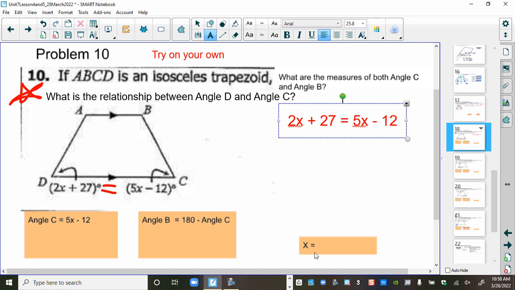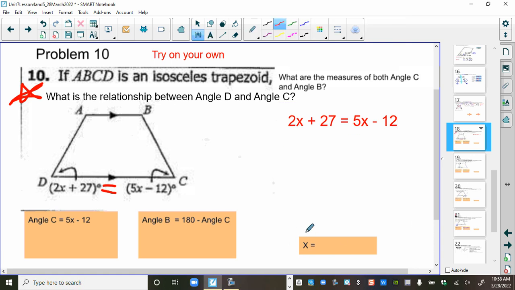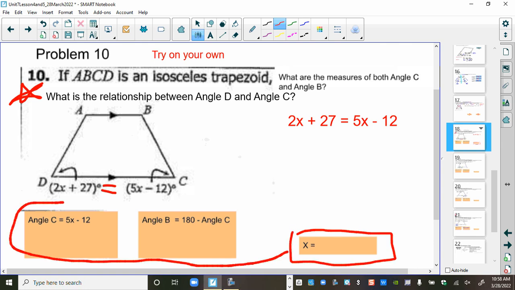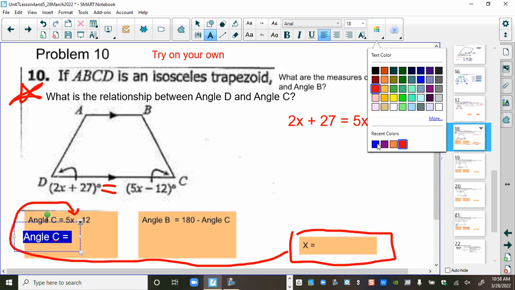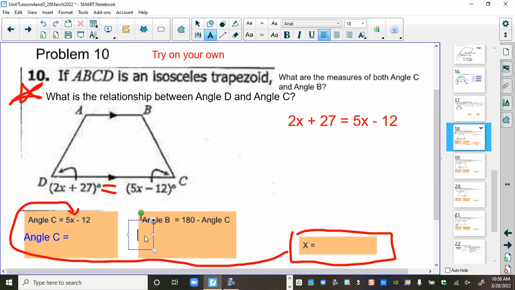Once you get your x, whatever your x value is, plug that number into here. So you get angle C equals some number. Then to get angle B, whatever number you get for angle C, subtract from 180.